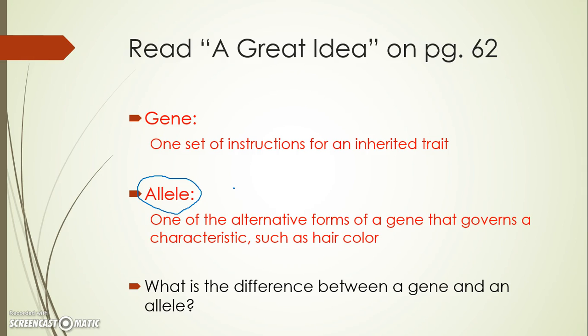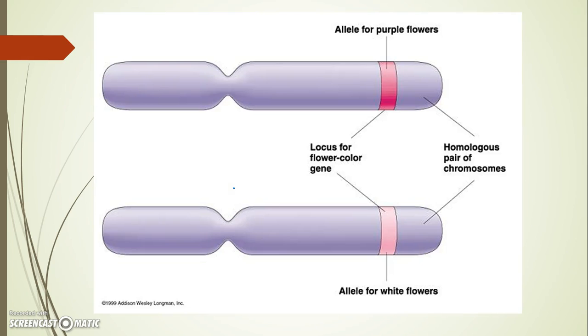So, the gene is the set of instructions, kind of the whole set for the whole body. And the allele is within the gene, just for each certain characteristic. So here's a good example.